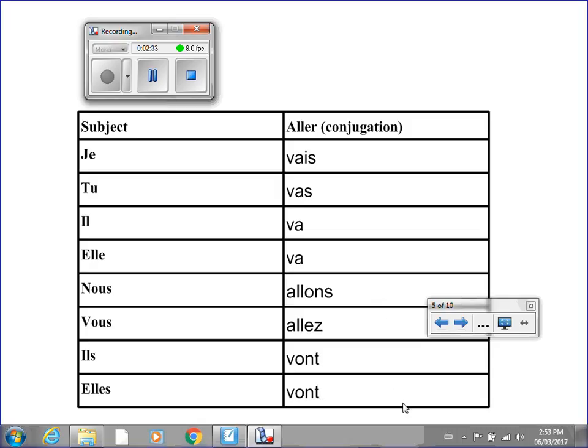But for now, I think what you should do is put the video on pause so that you can either quickly jot down a copy of this chart on a piece of paper or take a picture with your mobile device, because you're going to want to have a copy of this chart handy for the activities on the coming slides. So please put the video on pause now so that you can make a copy of this chart. All right, let's move on.